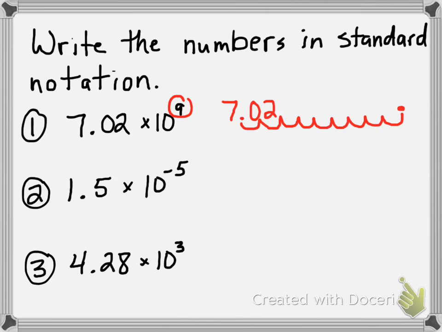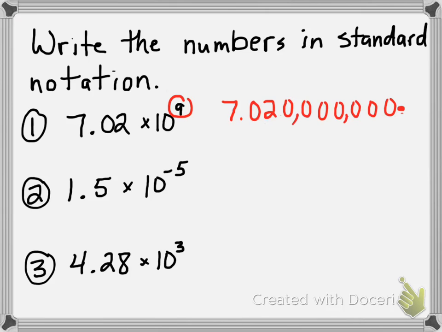Now, as you can see, I already have a 2 in this slot, a 0 in this slot and a 2 in this slot, and there's nothing in these other slots. So I need to fill them in with zeros. Okay, and then I can erase that first decimal, and there's my number.